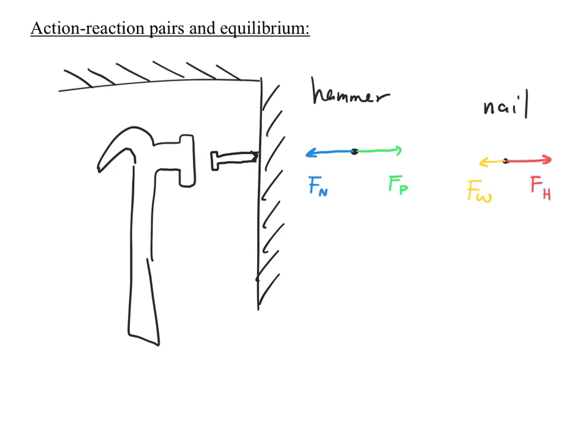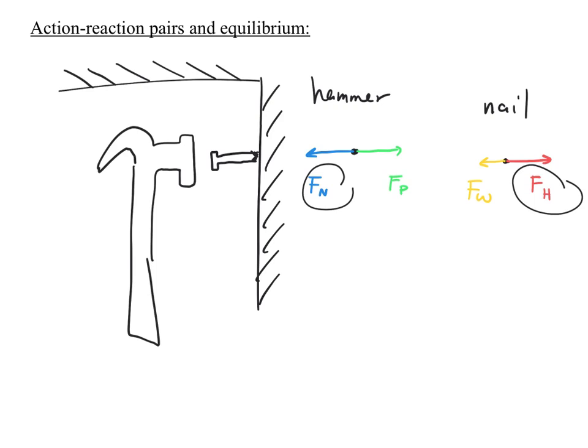So again, Fn and FH are the action-reaction pairs here. That's the action-reaction pair. Everything else going on in this arrangement has to do with external things. The wall, that's an external thing. That's a force applied against you. You holding it, you hitting, and physically after the hammer strikes the nail, you preventing it from doing this, by physically holding it, that's FP.